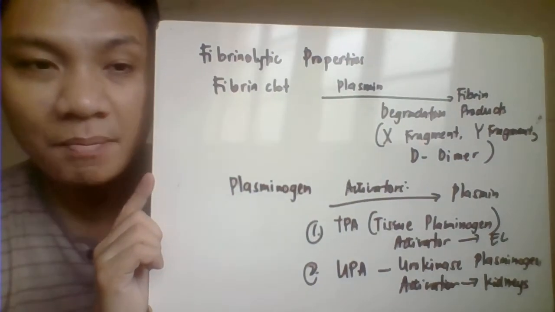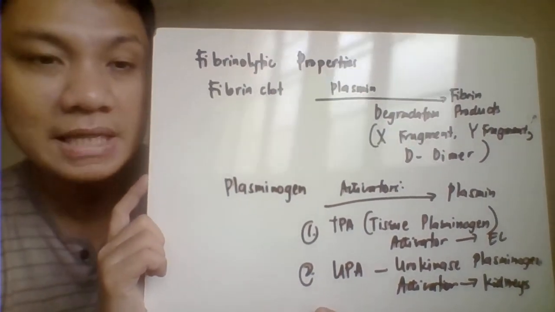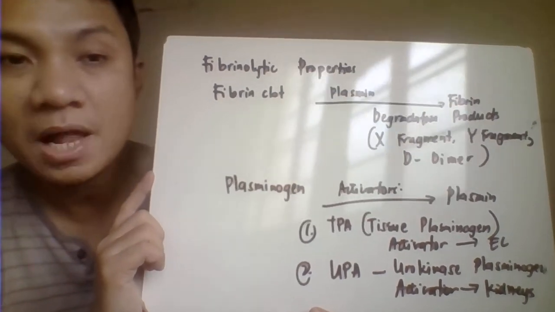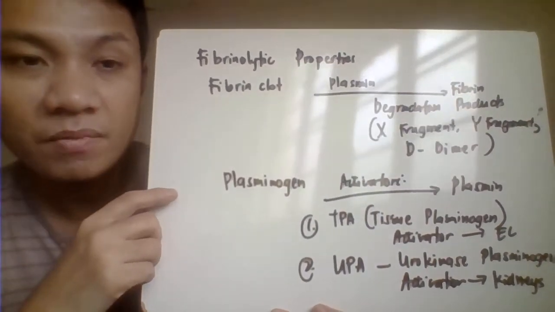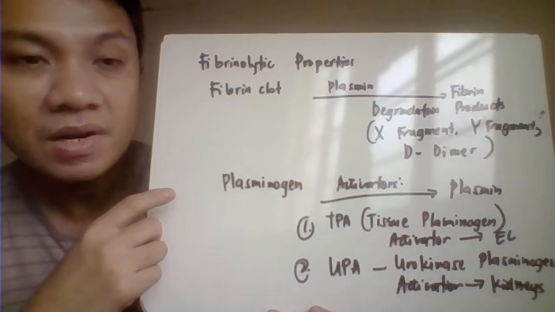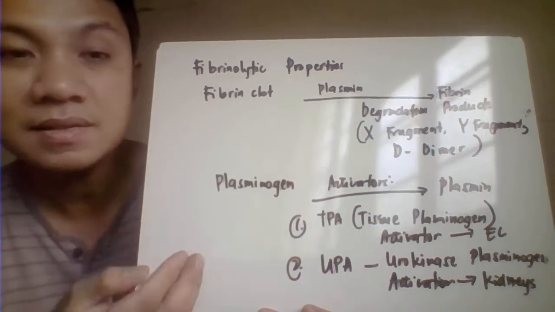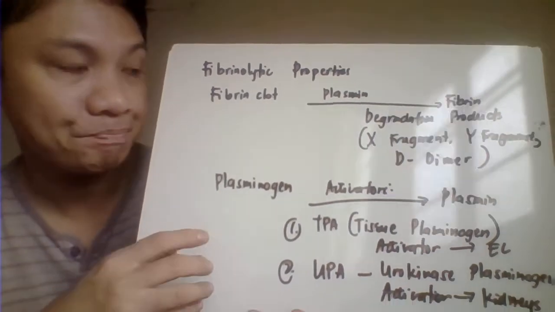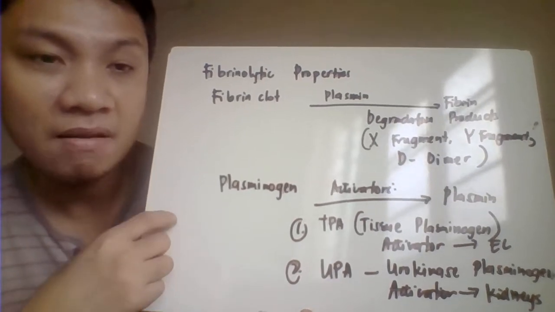Okay, another property of your endothelial cells involves also here the fibrinolytic properties. So pag sinabing fibrinolytic properties here, it helps to enhance the process of your fibrinolysis. Again, the fibrinolysis is the process of your clot dissolution where it tries to digest the clot to prevent that one to accumulate within your blood vessels in order for you to resume your normal blood flow.